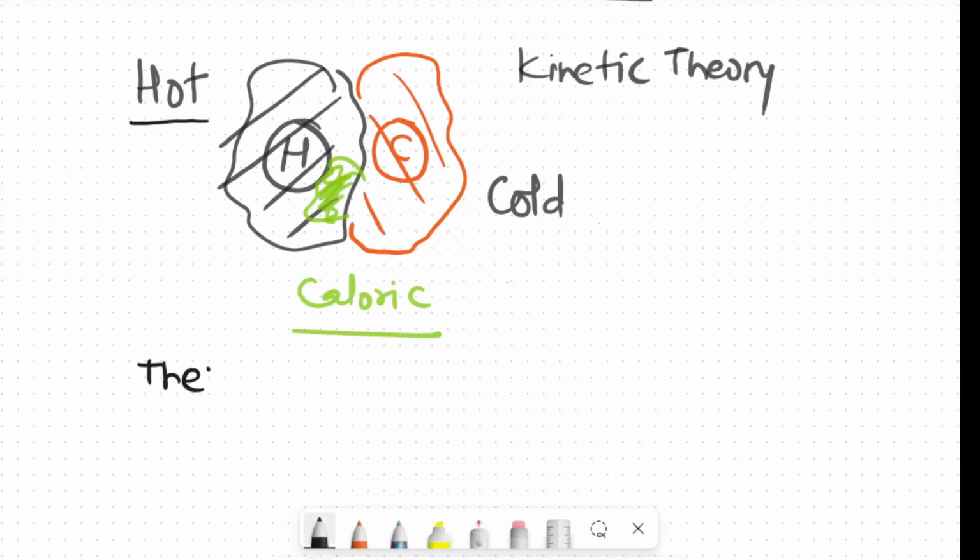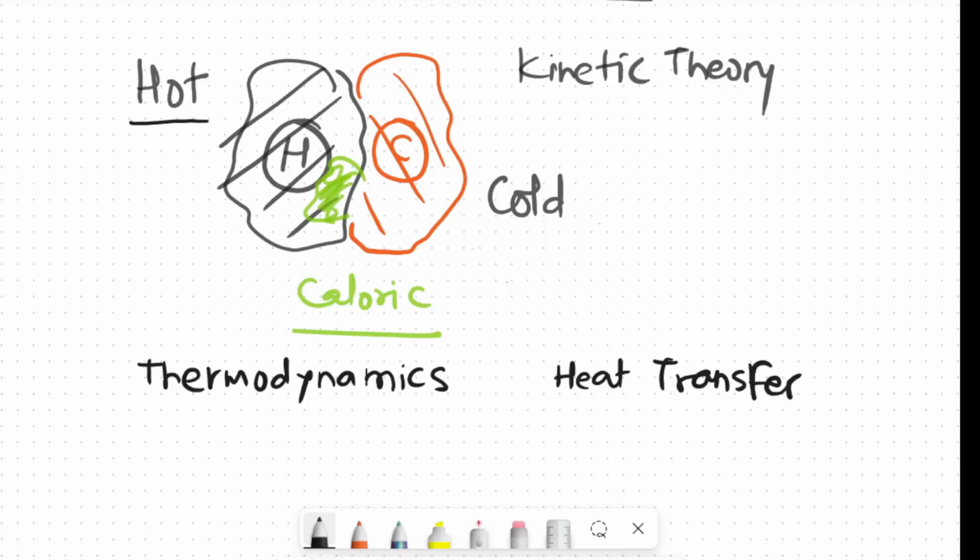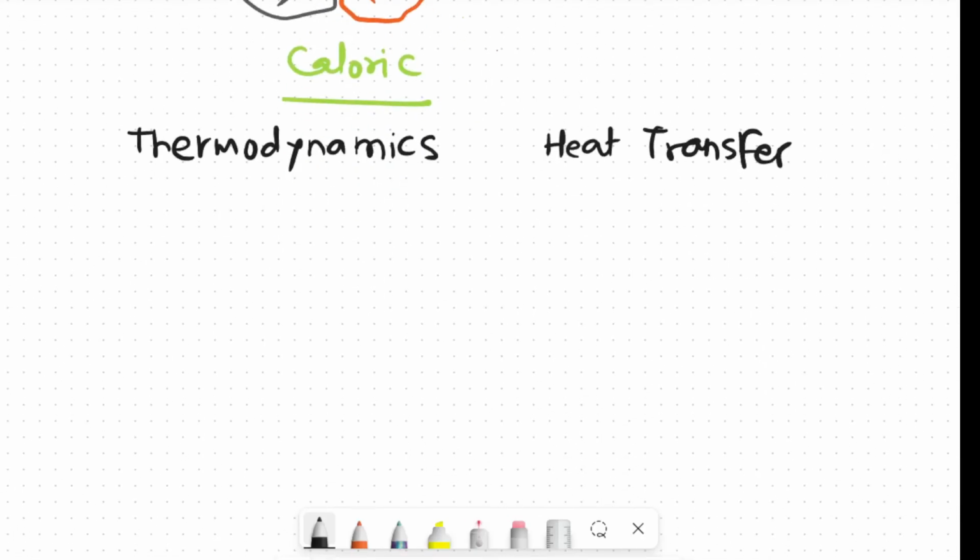There is a difference between thermodynamics and heat transfer. Now, what is the difference? The difference is very important because we want to study heat transfer.